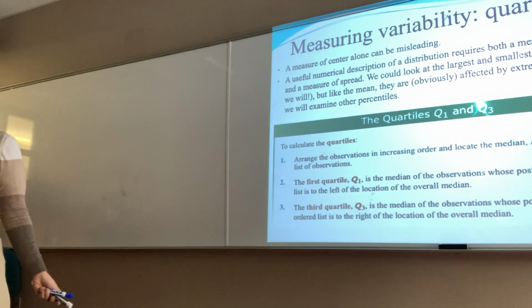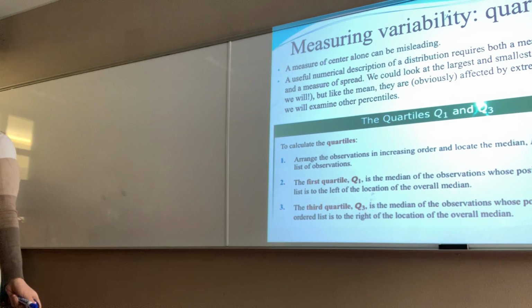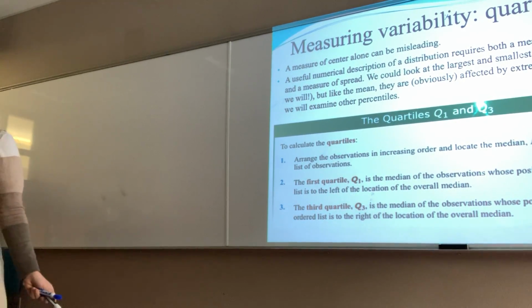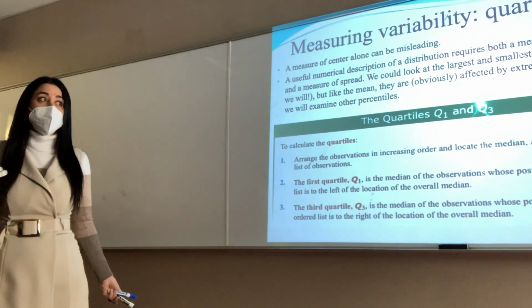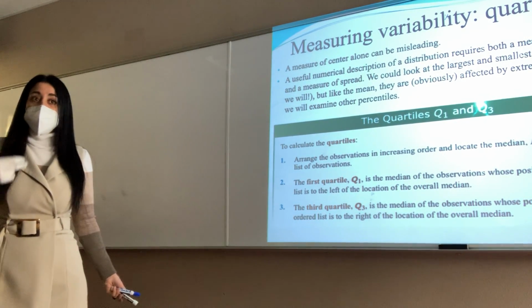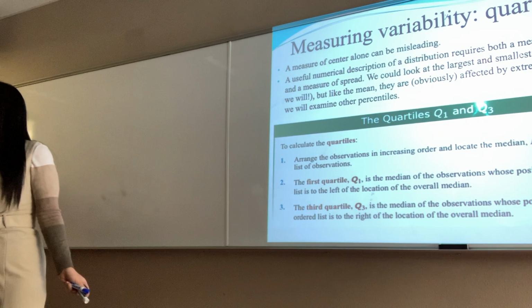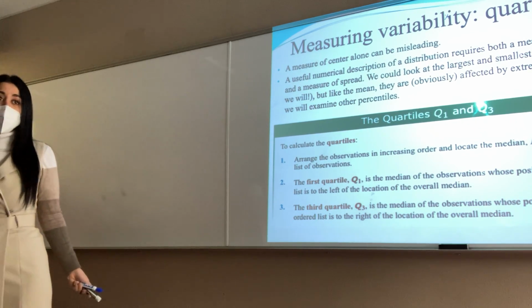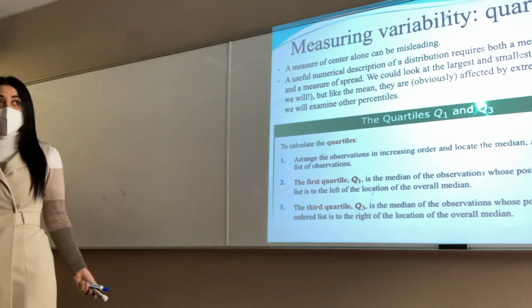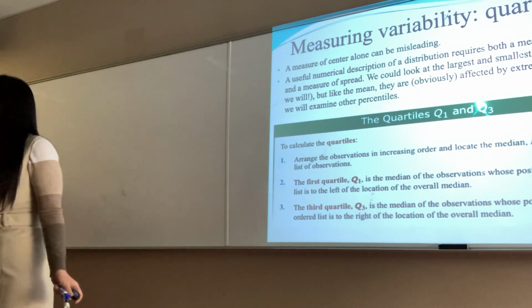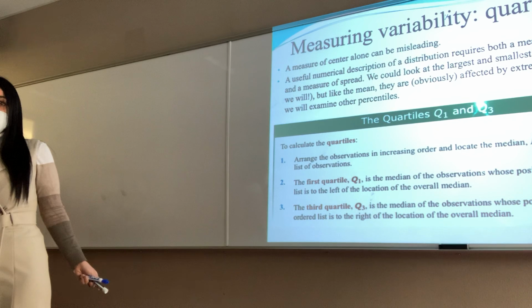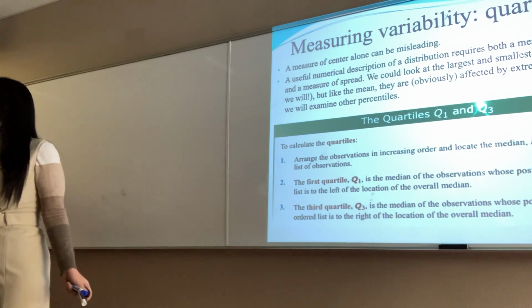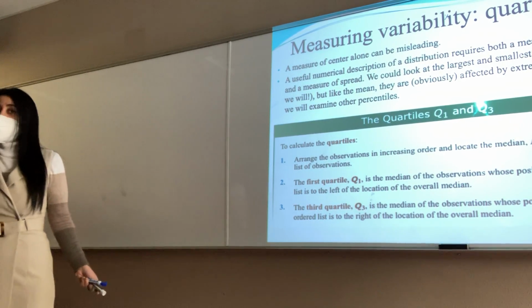We can say how the data vary around the midpoint. So how do we do that? Since quartiles are similar to the median, we can find them the way we find the median. The first step is to organize the data from the minimum to the maximum.